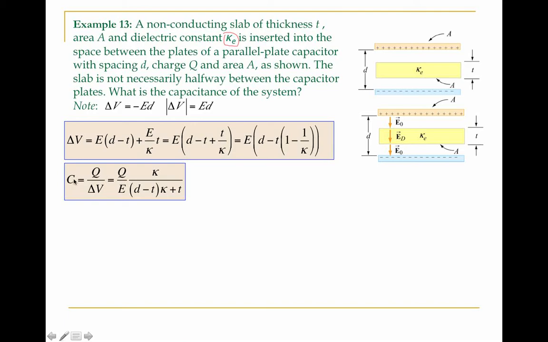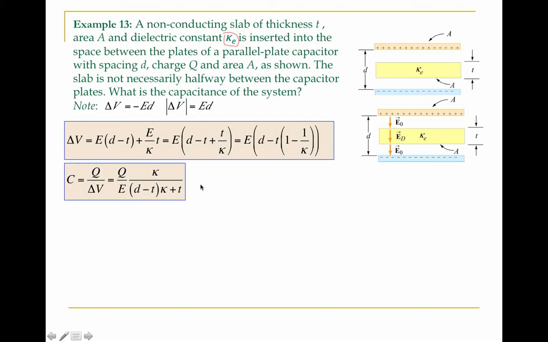I want C, so C is equal to Q over delta V, which is Q over E0 times all of this, and remember it's 1 over delta V, so if you do all of this, it's simply kappa multiplied by... d minus t plus t divided by kappa. So this will be kappa over kappa times d minus t plus t.